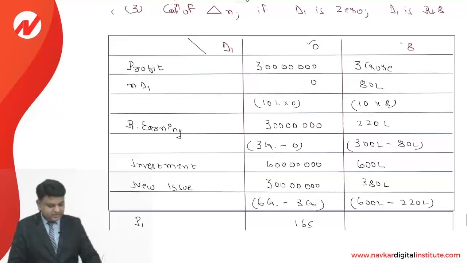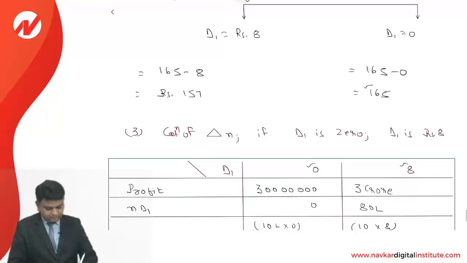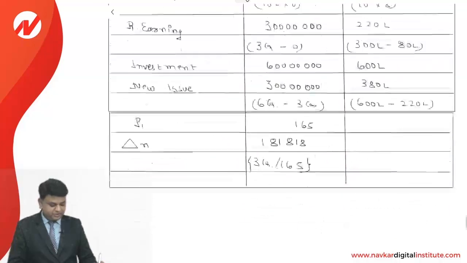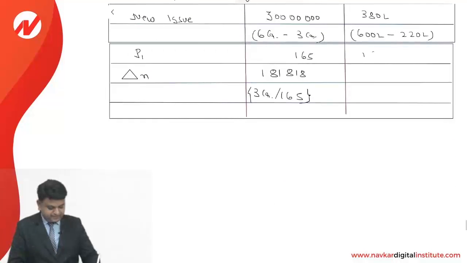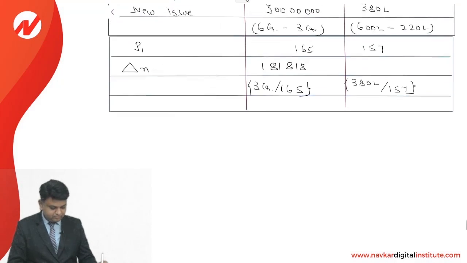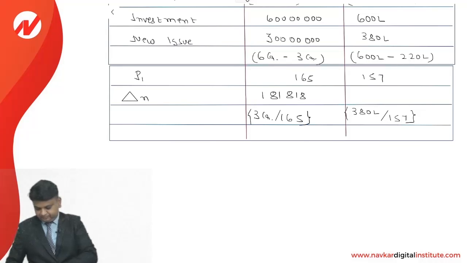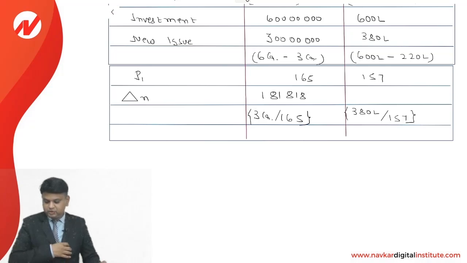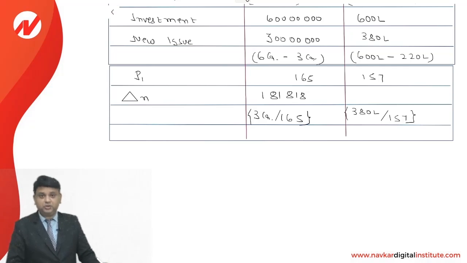If at all the dividend is paid of rupees 8, then market price per share will be 157. So it is 380 lakhs divided by 157. So in that case it is 2,42,038.